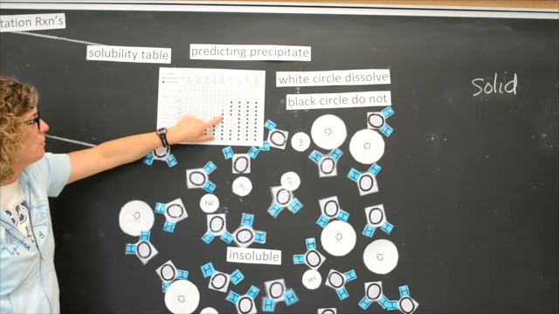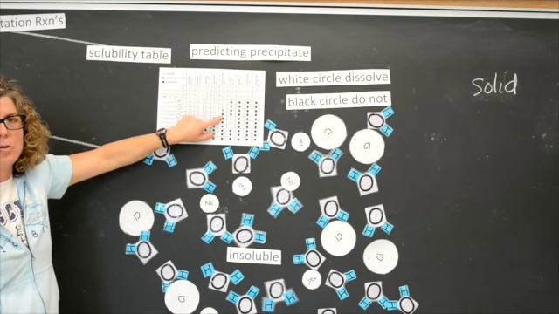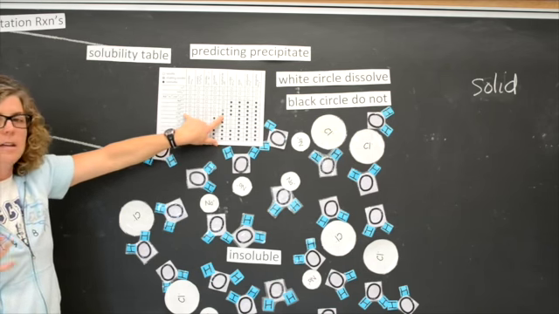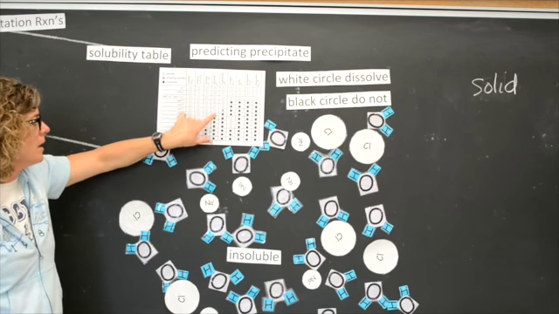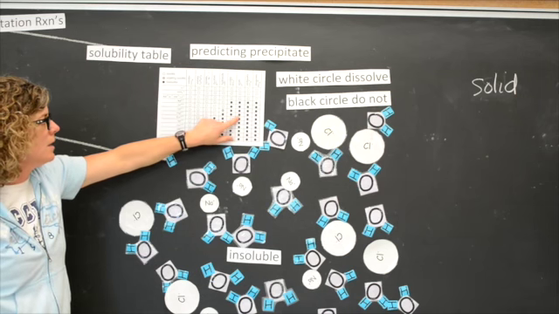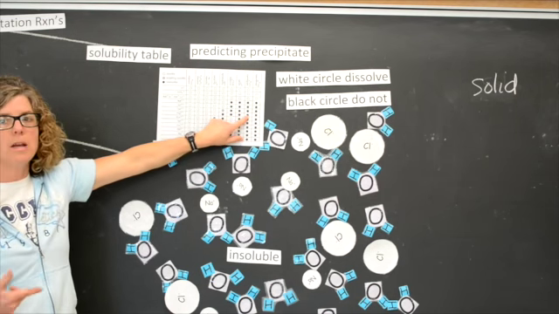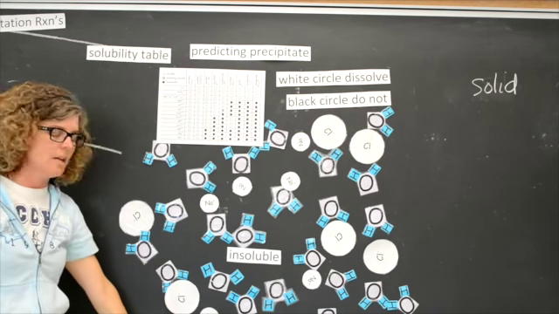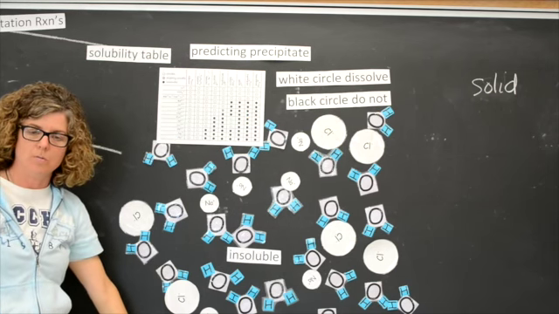It keeps going until, boom, I hit here with a hydroxide. So magnesium hydroxide is insoluble. And then I go to the next one, magnesium sulfate. Magnesium oxide, there it is, magnesium carbonate, black circle, it's insoluble. Yes, we see this, and this is how we model this.